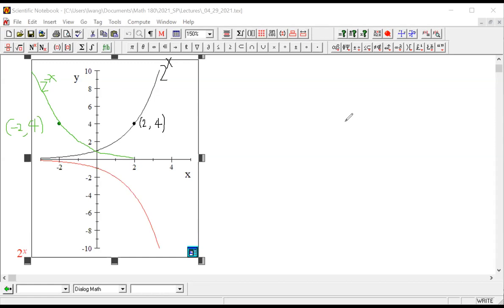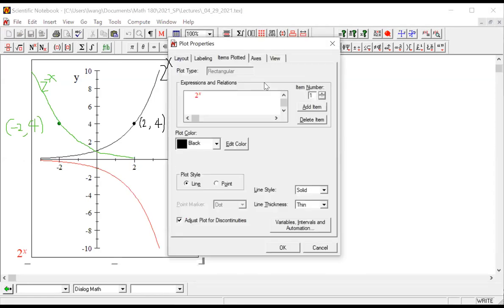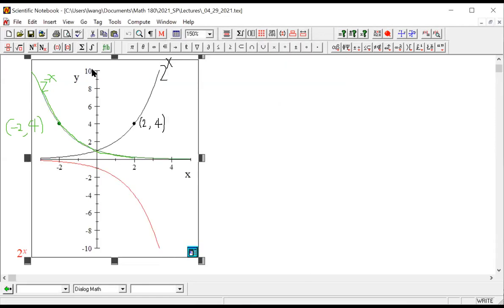Do you follow me? Everybody, please. So if I'm graphing the 2 to the power negative x on the picture with the green, I'm going to remove these, right?